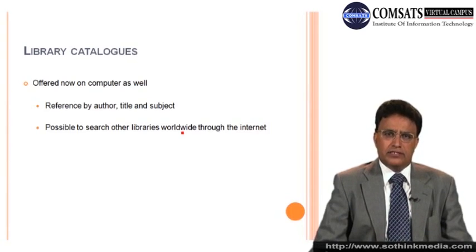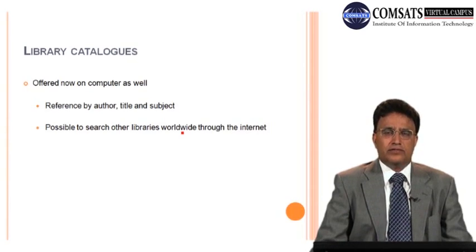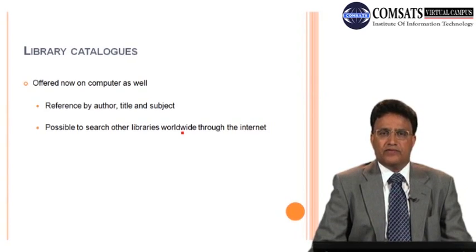And now it is also possible to research worldwide libraries through the internet. These catalogs are online, and you can access them by logging in to the internet and going through the websites of different libraries.